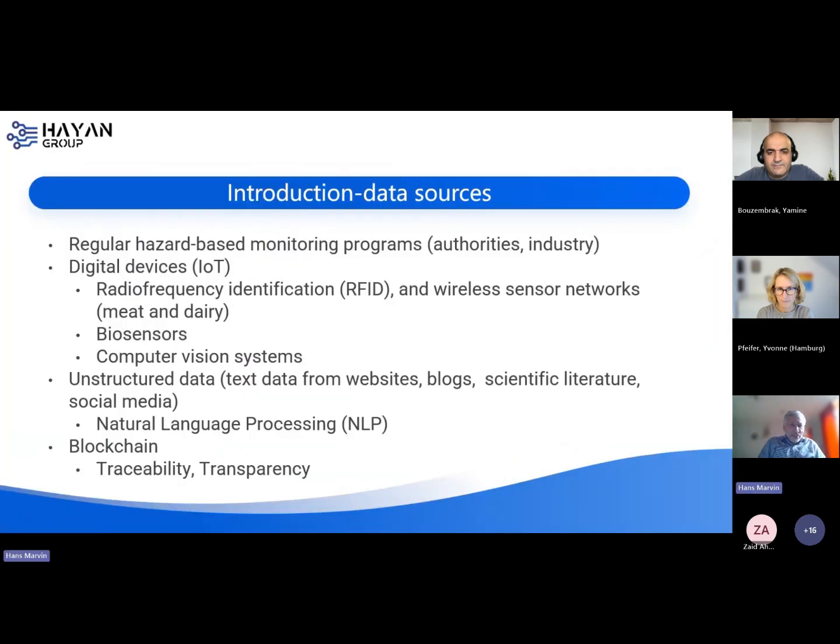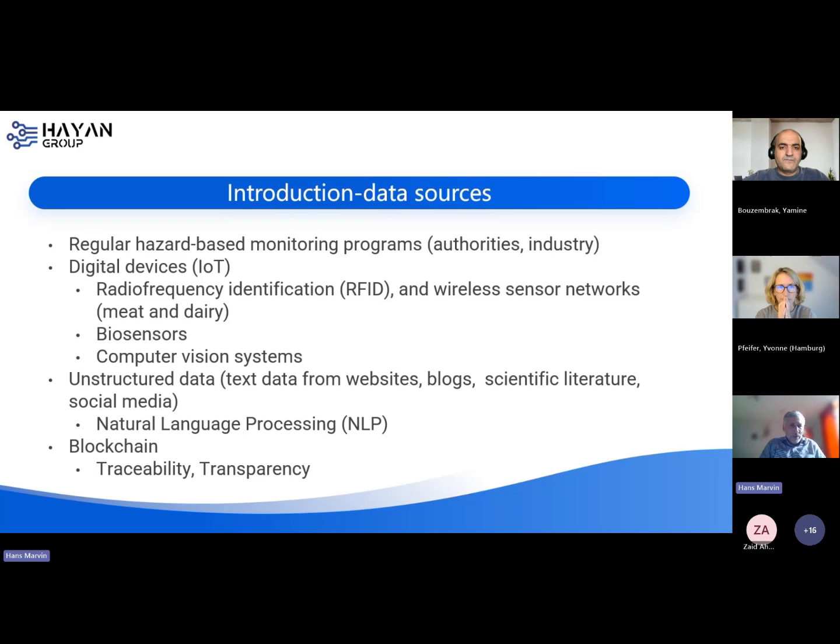So in summary, this slide shows you the different ways to collect data on food safety or related to food safety. Of course, the first one is the hazard-based monitoring programs performed by authorities and industries, where food safety, at the presence of food hazards or hazards in the food, is monitored.